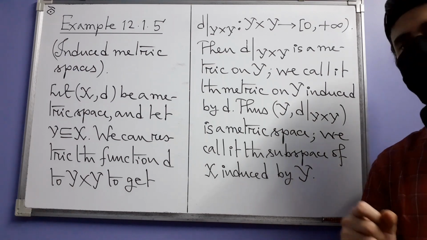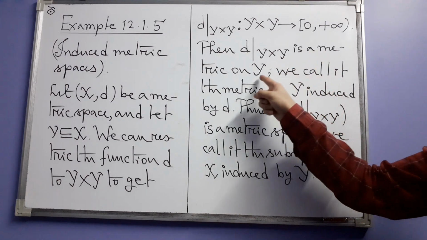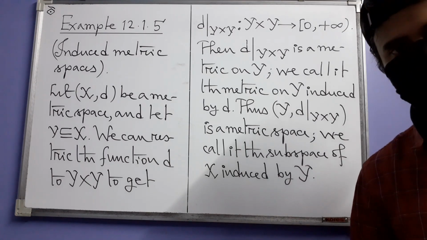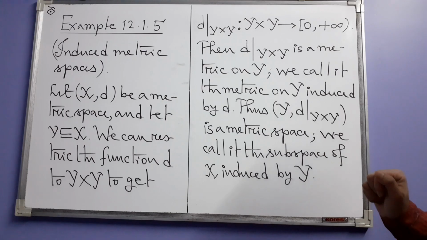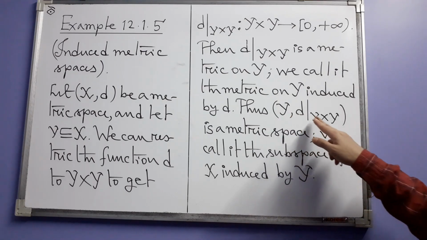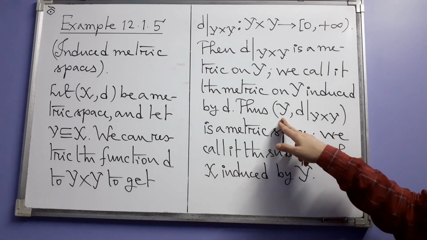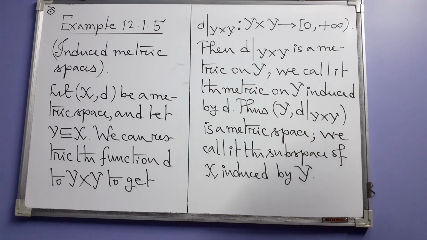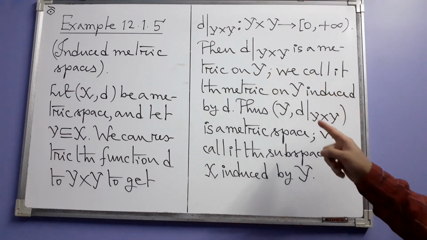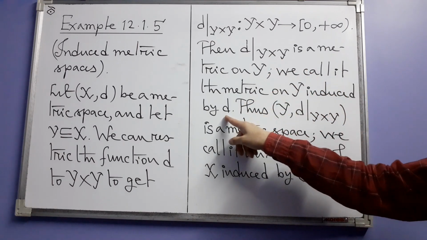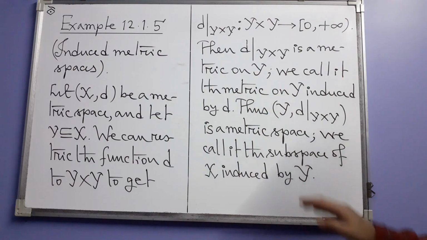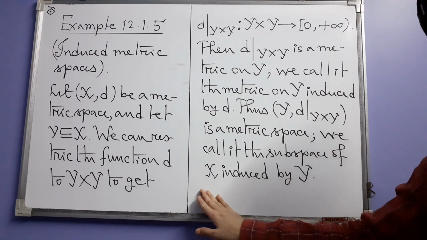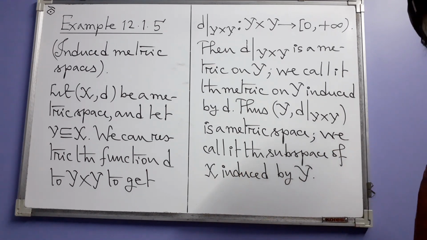Then the fact is that this restriction is a metric on Y, which we are going to prove in the fourth exercise of this section. And that makes this pair, whose first part is Y and the second part is this restriction, a metric space itself. This metric is called the metric induced by d on Y, and this metric space is called the subspace of the original space X induced by the subset Y.